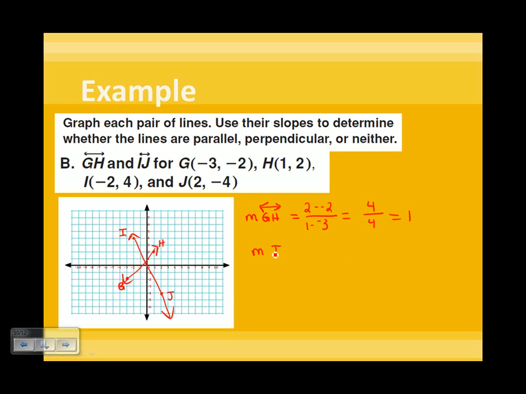And then the slope of IJ, the change in the y's, negative 4 minus 4, and then change in the x's is 2 minus negative 2. So I end up with negative 8 over 4, which would be negative 2. Now if I do the product of the slopes, I get negative 2. So they're not parallel. They're not perpendicular because the product's not negative 1. So these two lines are neither parallel nor perpendicular.